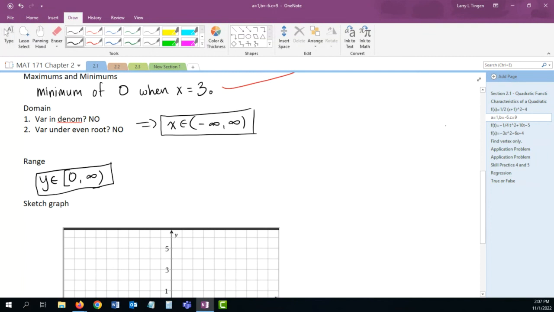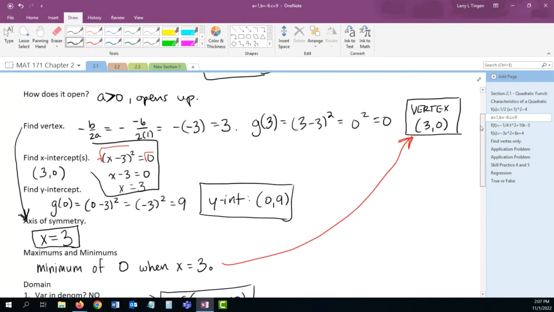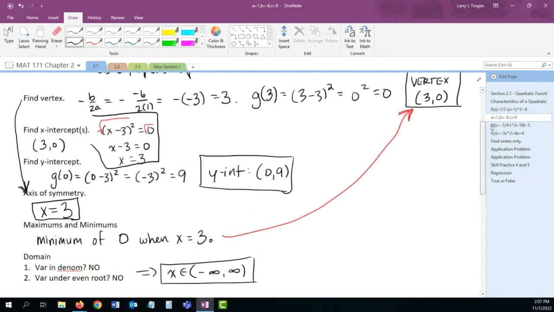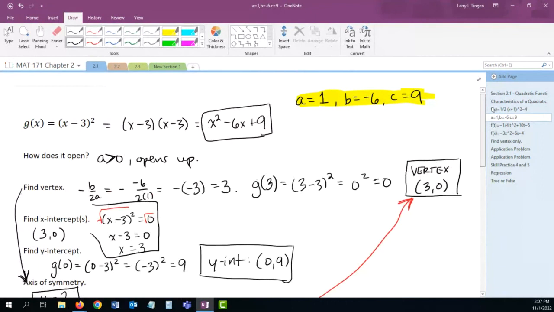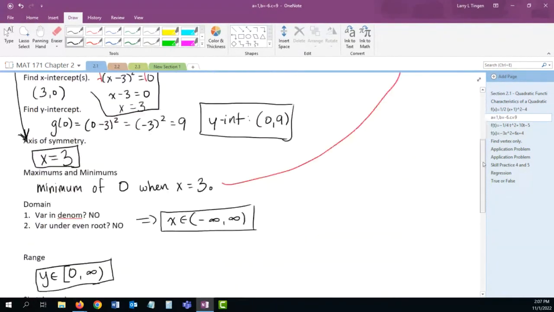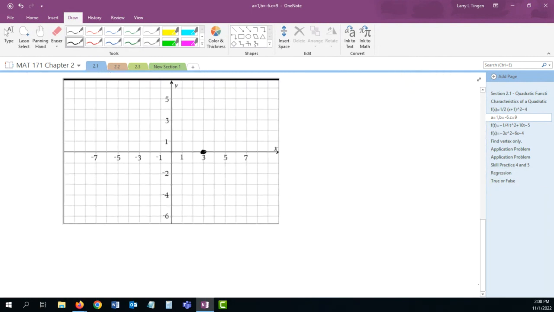I know that I have a vertex at (3, 0), and I'm opening up. I have an x-intercept at (3, 0). Hey, look at that, they're the same point. The x-intercept and the vertex are the same. That can happen. So my y-intercept is (0, 9).